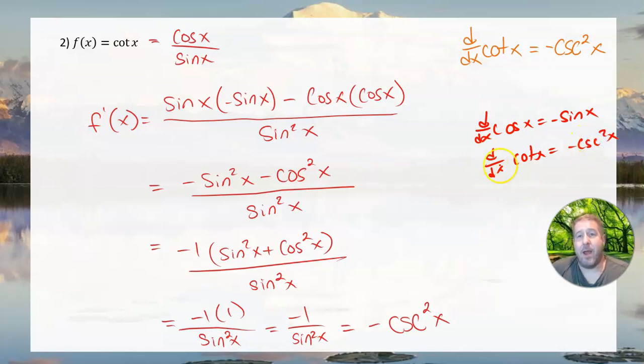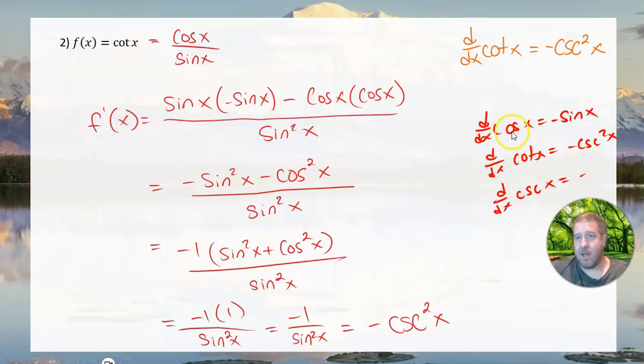One thing I do want to point out is, and I don't know how this just happened to work out the way it did, but for all the 6 trig functions, all the ones that start with C, the derivative of all the ones that start with C always end up being a negative. So cosine of x, cotangent of x, and the derivative of cosecant of x will also be a negative, as you will find out. Tangent of x, secant of x. All of them that start with a C all end up being negative answers.